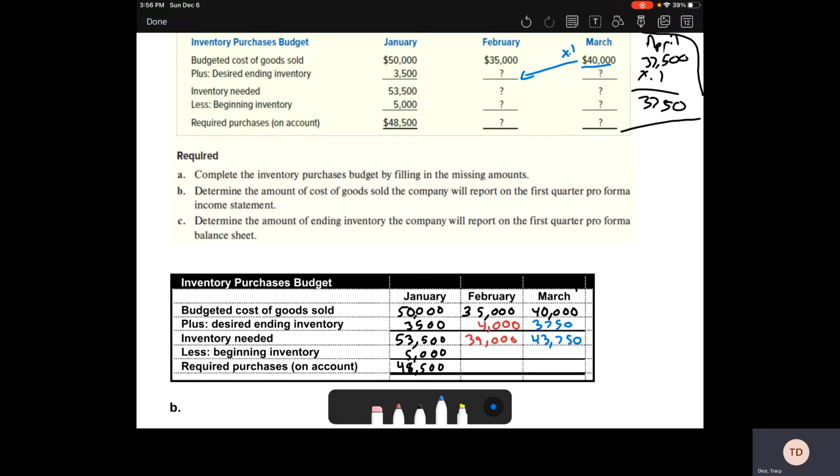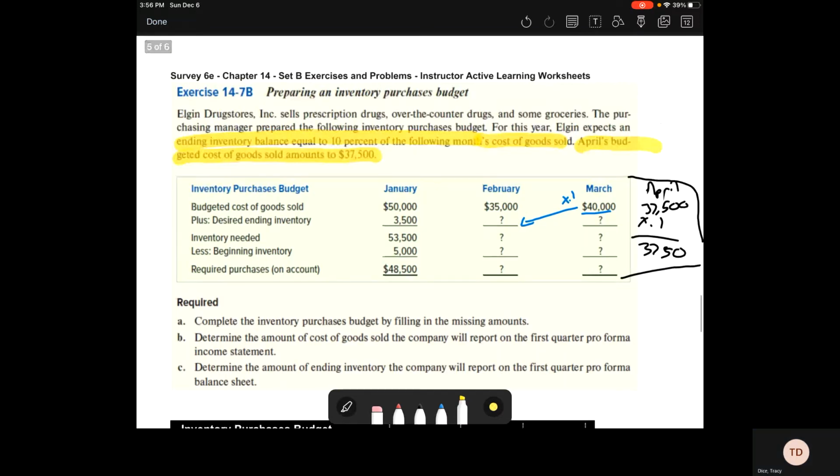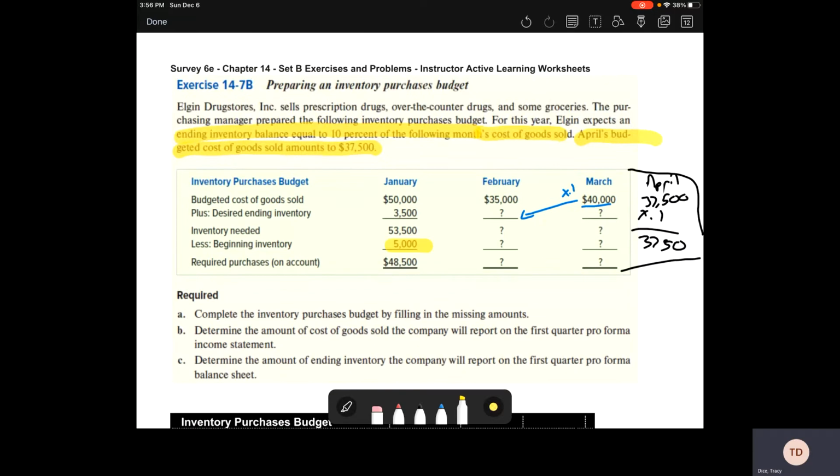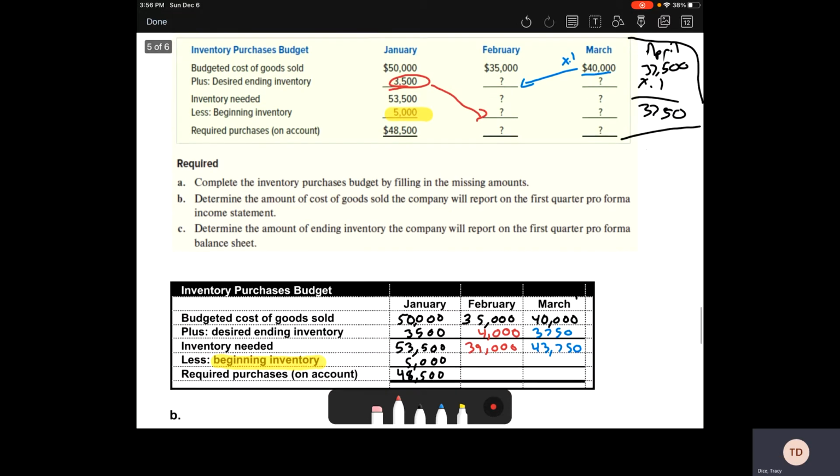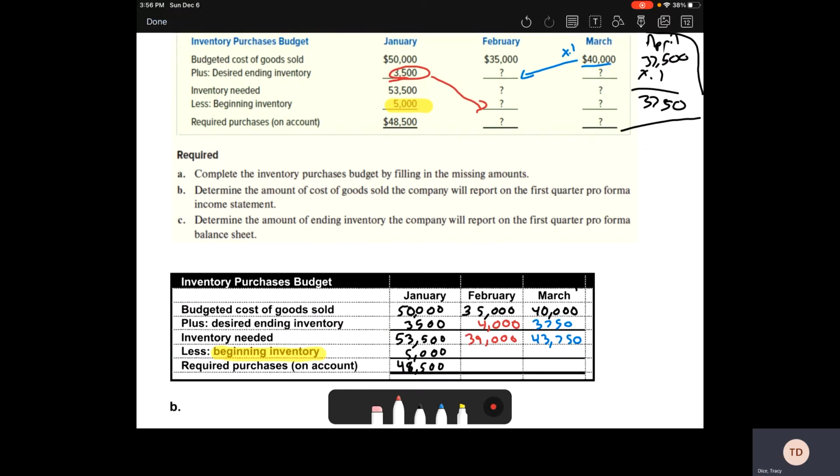Okay, so now we need to say, what's the beginning inventory for the month of February? They tell us in the chart that we started with 5,000 in January. Well, at the end of January, what do we have in inventory for the beginning of February? This amount right here. So if we want to end January with 3,500, that's what we want to begin February with. So minus that 3,500 there.